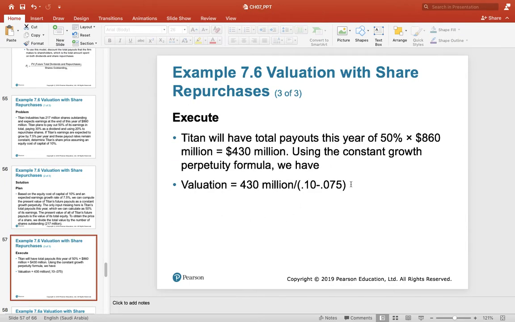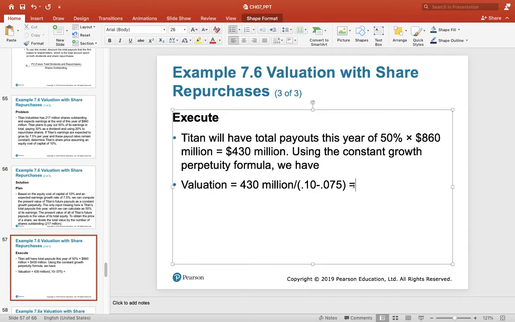So the valuation of the cash flows will be equal to 430 million divided by 0.025, which is equal to 17,200 million as the valuation, right? So this way, if we are not having only dividend, we can make the valuation like this.